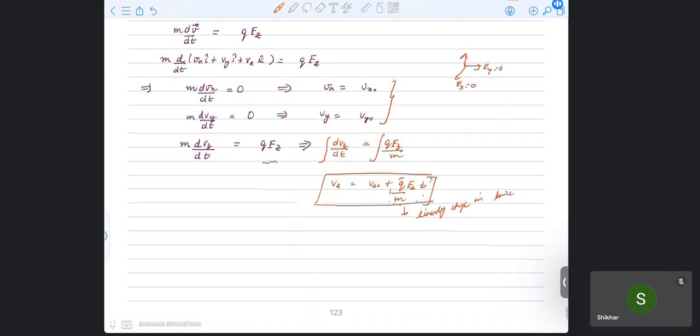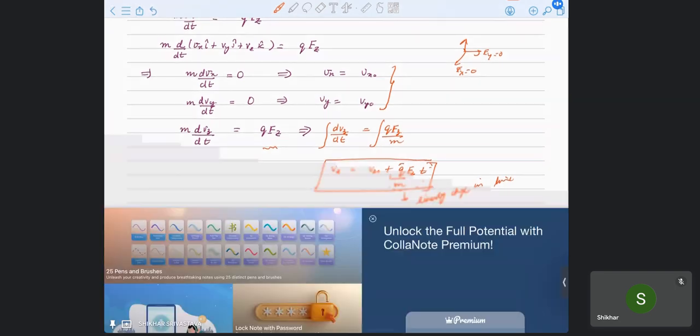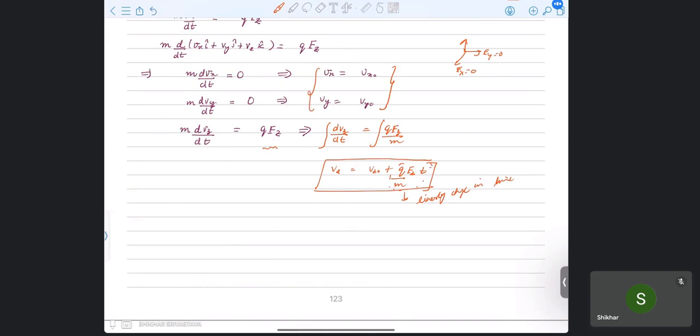So vx and vy are constant in time, they do not change, while vz changes linearly in time.